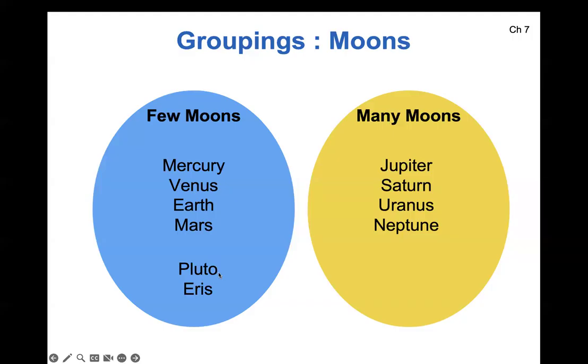So Mars has these 2 little mini moons, but it does have moons. Pluto, interestingly, actually does have 1 moon. Eris has none, as far as we know. I say that because it's such a distant object, and sometimes it's easy to miss that information. We have very few images, and those images are just a few pixels wide. But in contrast, Jupiter, Saturn, Uranus, and Neptune have huge systems of moons.